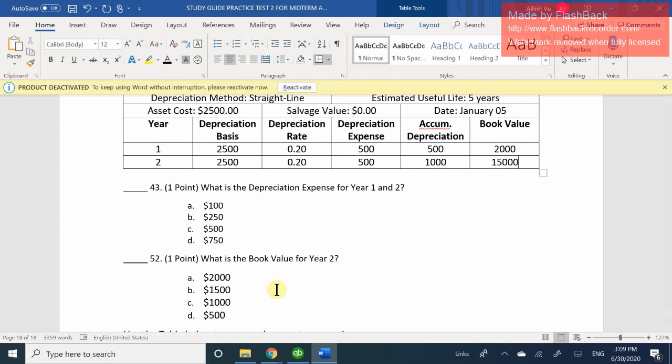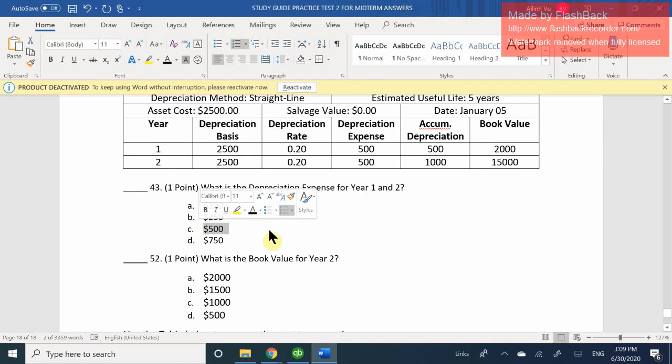What is the depreciation expense for year 1? 500. Perfect.